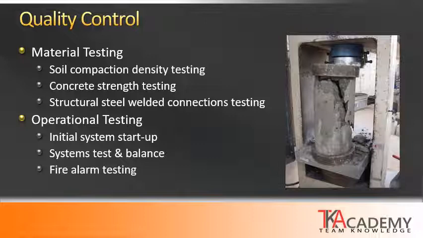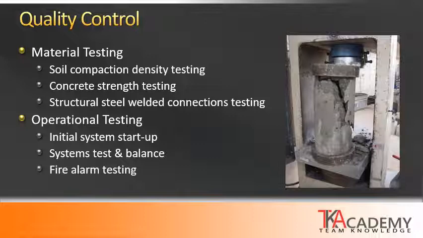The testing of materials and systems most of the time is performed by a third-party entity that is contracted directly with the owner. This is to ensure that there are no biases or conflicts of interest in the testing of materials and systems.